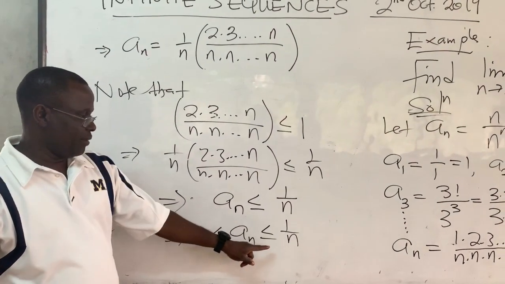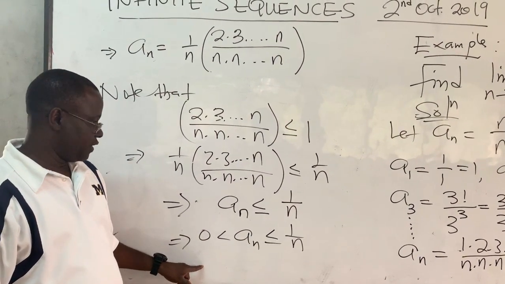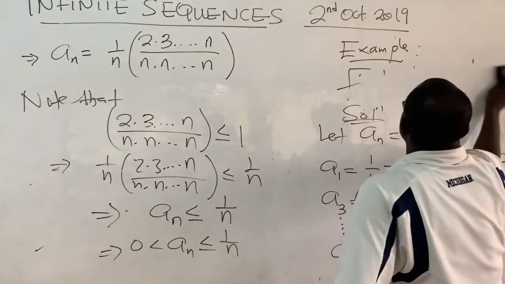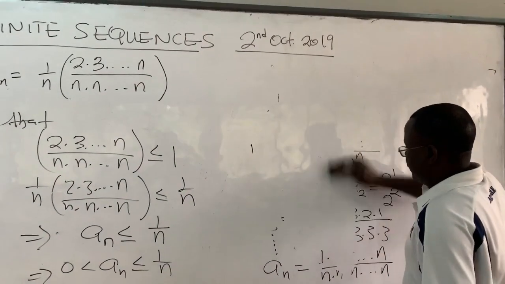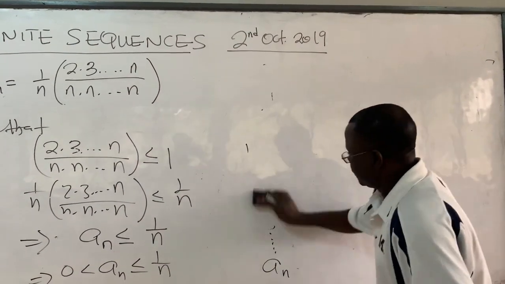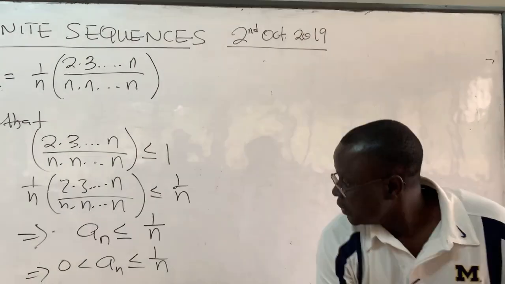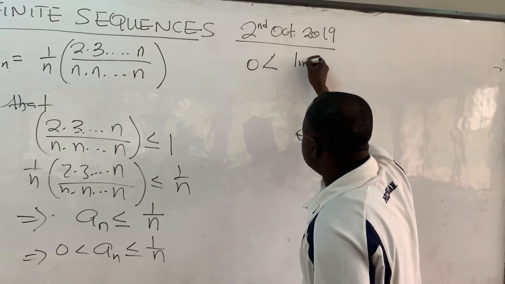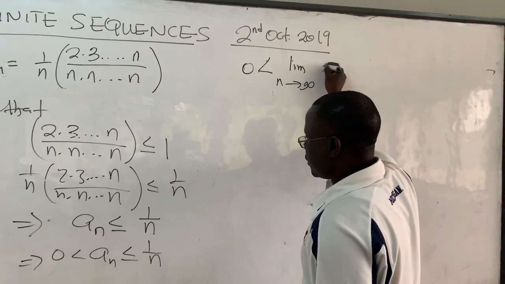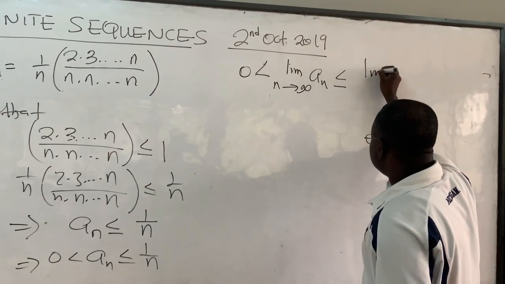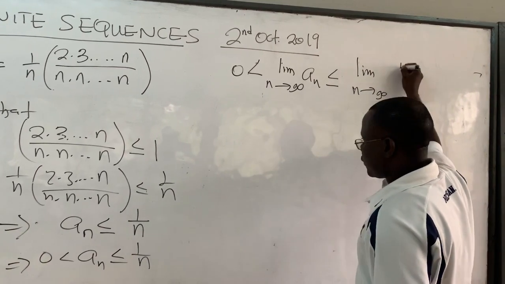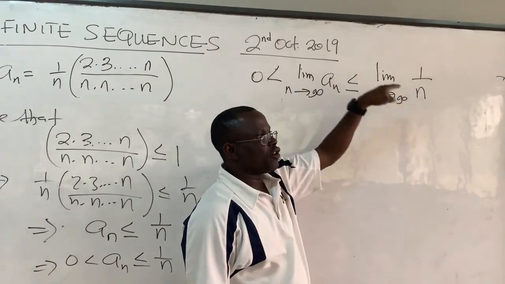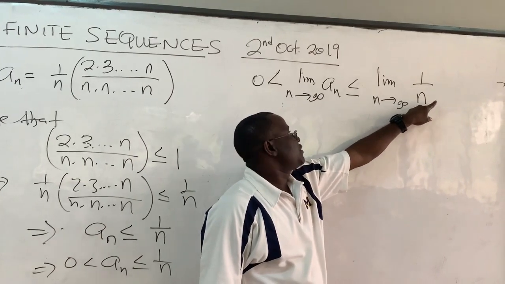Now from here, I can take the limit of each term of this inequality as n goes to infinity. This remains at 0. This is less than the limit as n goes to infinity of an, which is less than the limit as n goes to infinity of 1 over n. We just showed that if I have 1 over n to the power r, and r is positive, this goes to 0.